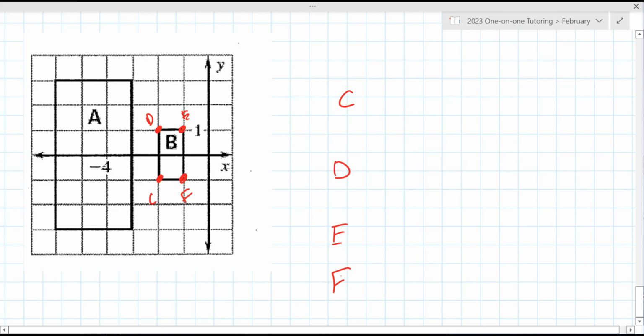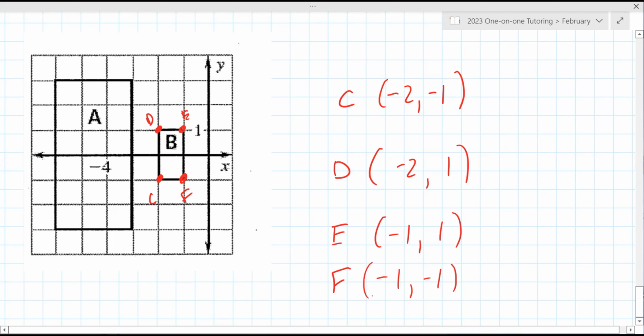C is (-2, 1). Good. D is (-2, 1). Okay. E is (-1, 1). Good. F is (-1, -1).